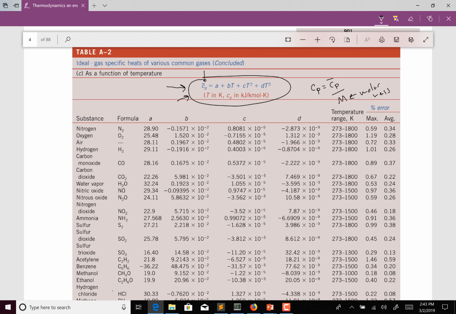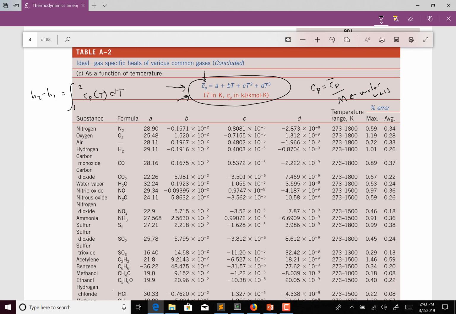But we're going to see when we do an example that if we're calculating, let's say, the change in enthalpy, so we have state 1 to state 2, and then we have the integral of C sub P of T dT.